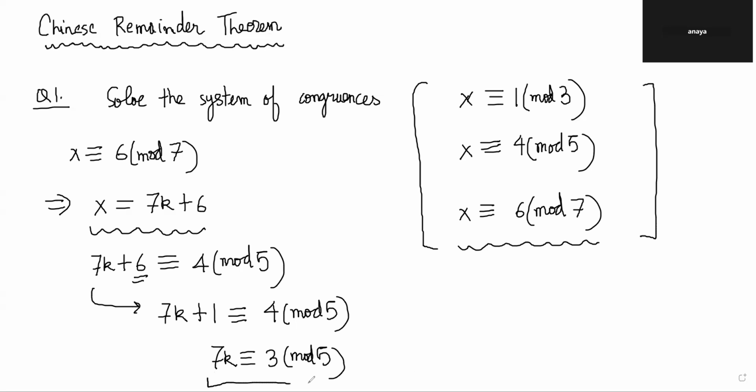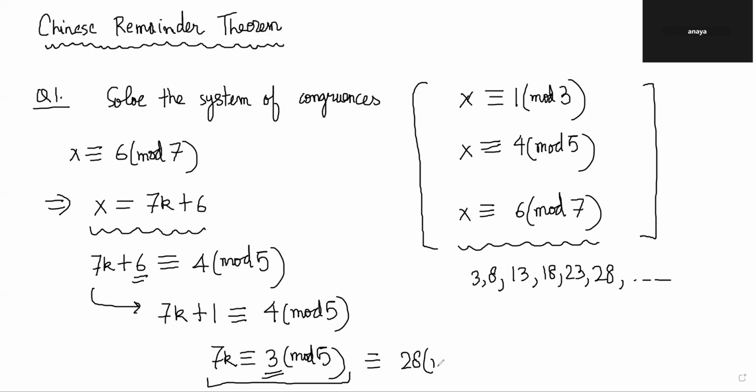So suppose we have 7k here. So 3 mod 5 you can write as, remember the 3 can be written as 8, can be written as 13, 18, 23, 28, right? 3 mod 5 is same as 28 mod 5, right?